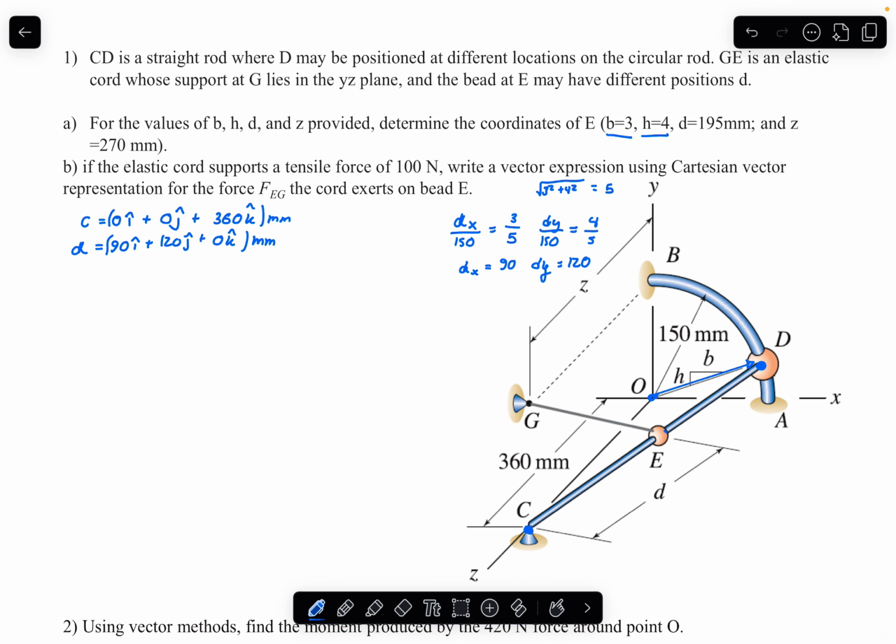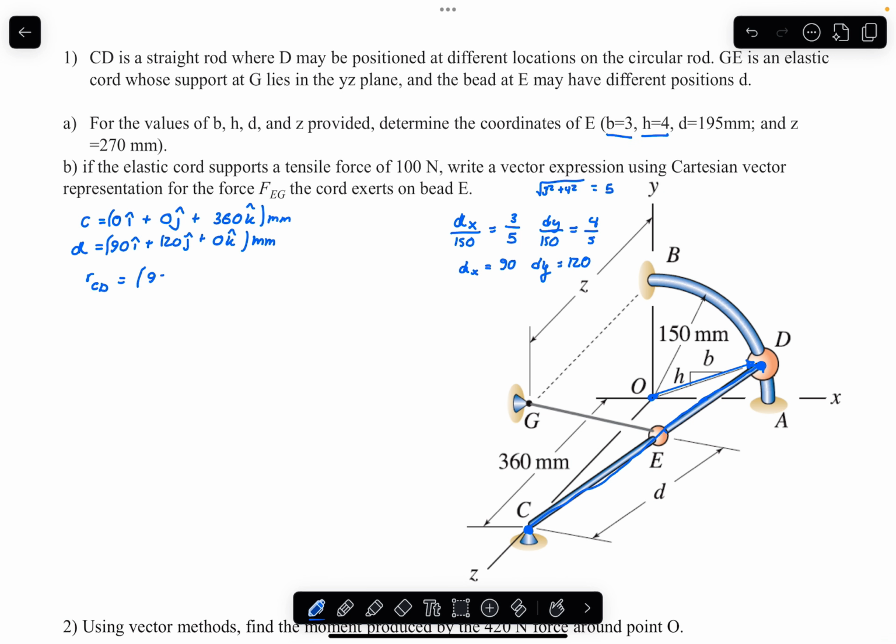Now we have our C and we have D, so we can create RCD. For RCD, the tail is C and the head is D, if you see through this line. Now we just do head minus tail.